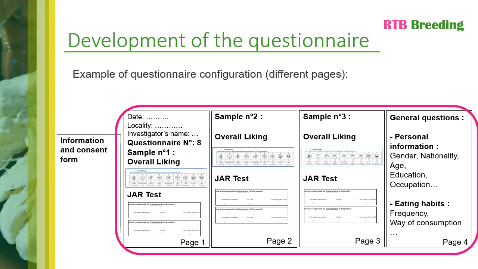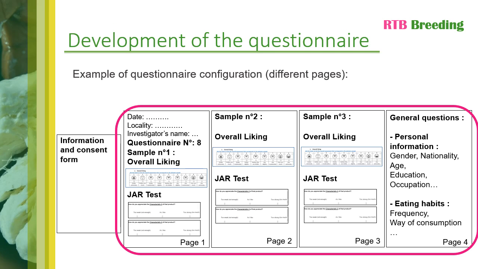In this example of a questionnaire, the consumer tasted the samples in order 1, then 2, then 3. But according to the experimental design you are going to do, not all consumers will taste the samples in this order. So some will taste sample 2 on the first page, sample 3 on the second page, and the first sample on the third page, for example.